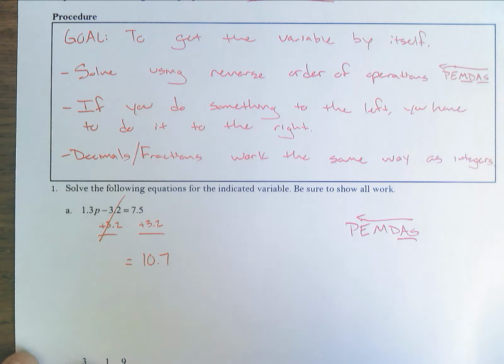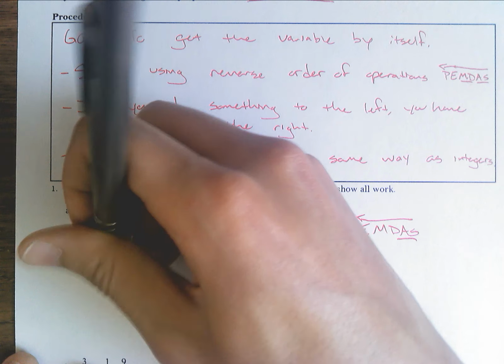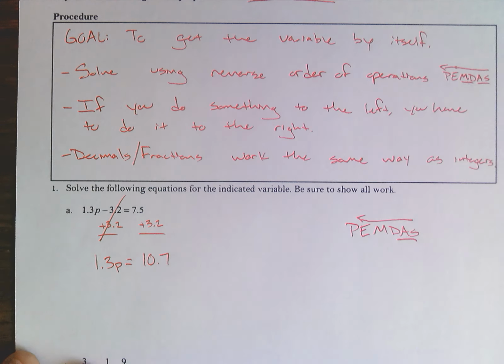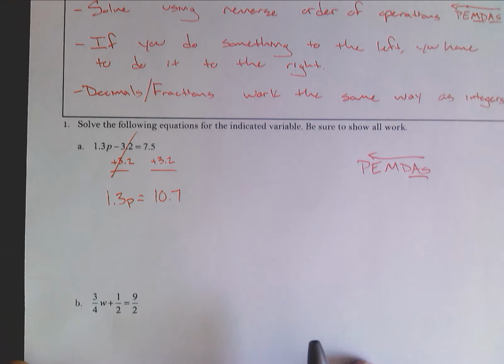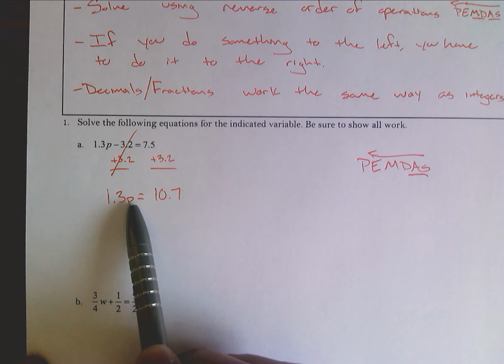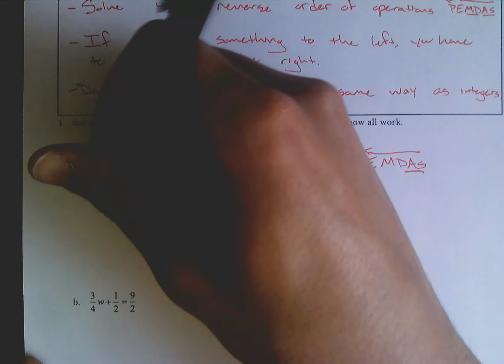We bring down the equal sign. And then on the left-hand side, all that's left is that 1.3p, so that comes down too. Now again, decimals and fractions work the same way as integers. Here where we have 1.3p, that's just a number times the variable. So in order to get rid of the times 1.3, we have to divide by 1.3.